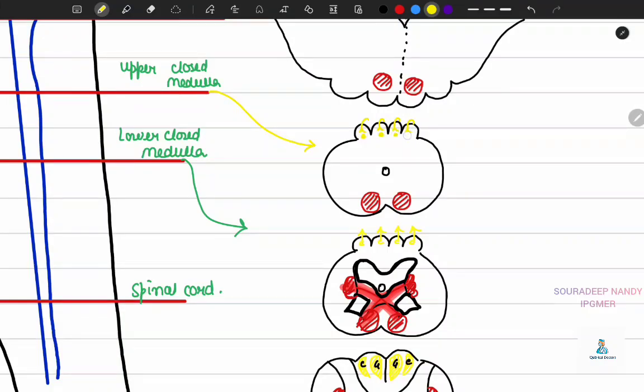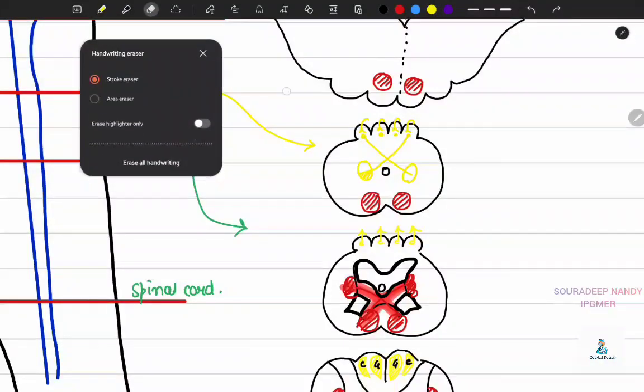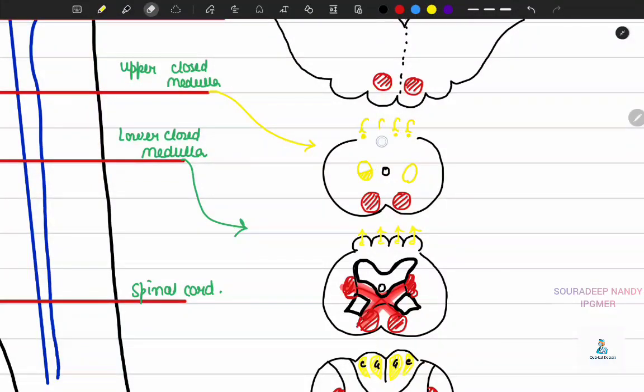These are the gracilis and the cuneatus nucleus. From the gracilis and cuneatus nucleus, it forms the medial lemniscus tract. The gracilis comes anteriorly.